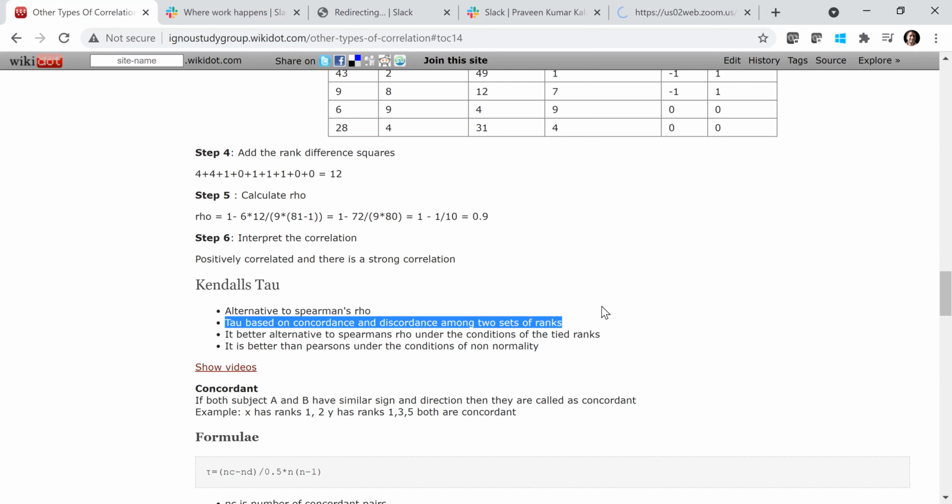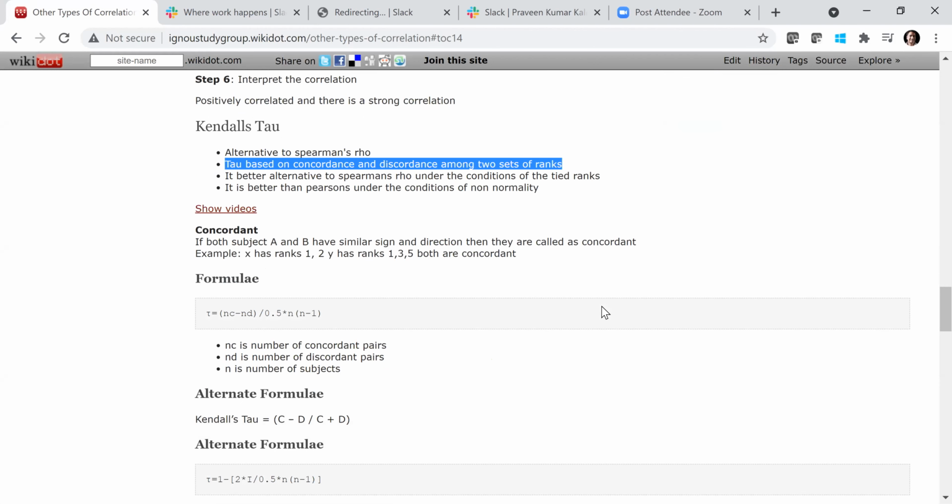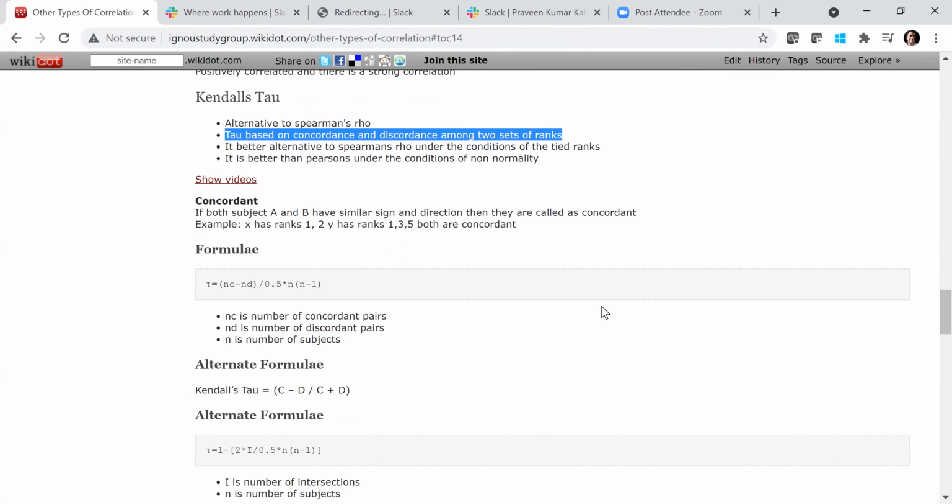So Kendall tau could come into play when you are talking about data that is not normally distributed, which is ordinal data, and especially if you have an even more complex situation where you have a lot of tied ranks. Here the way you calculate tau is slightly different. In the case of Spearman, it is called rho. In the case of Kendall, it is called tau.